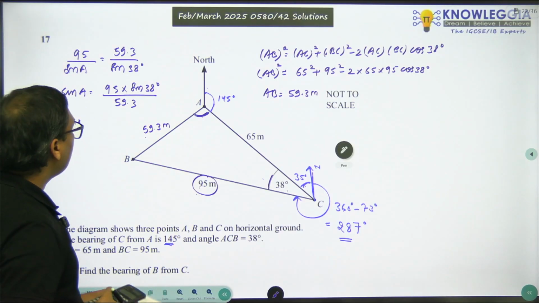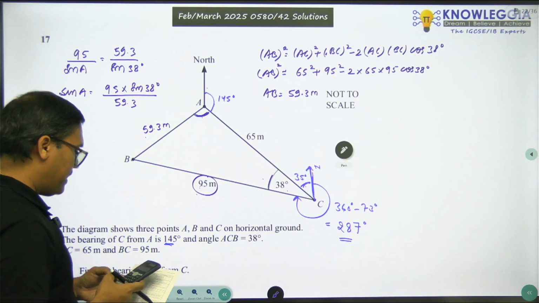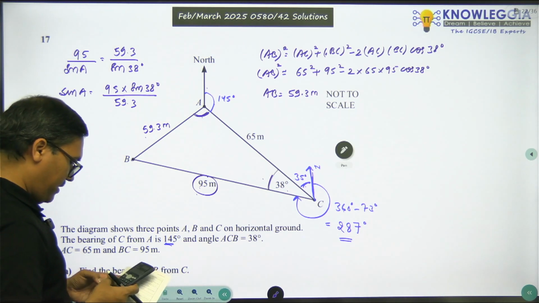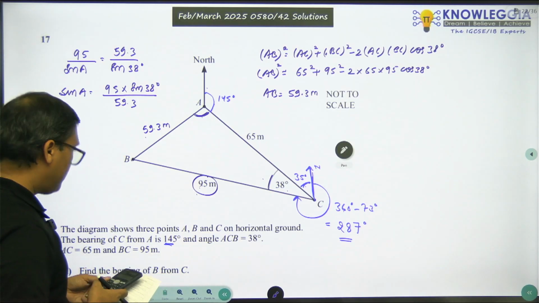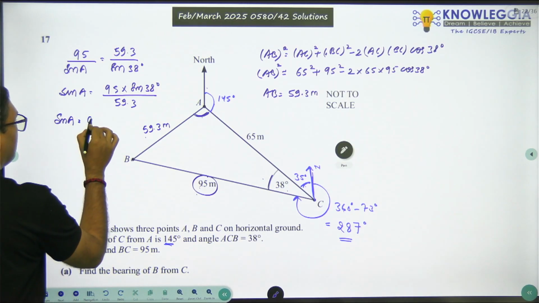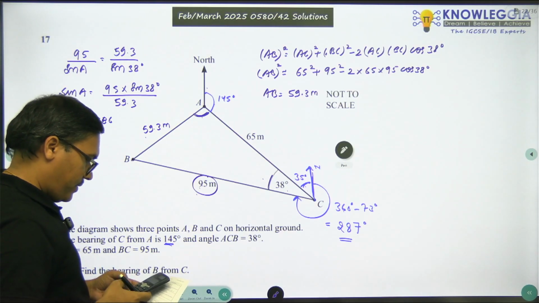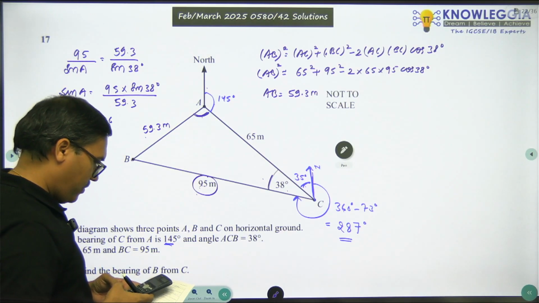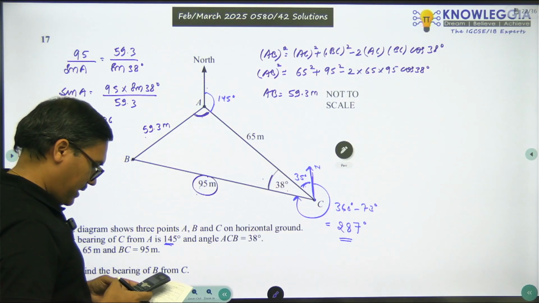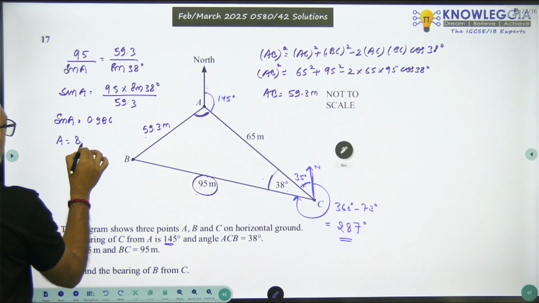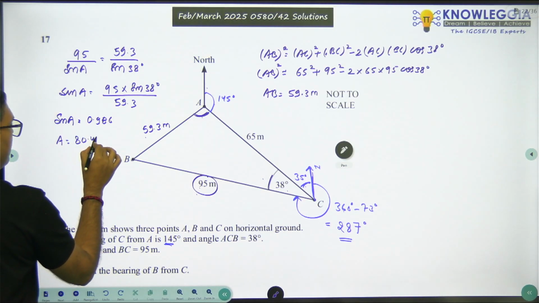This is 95 multiplied with sine 38 divided by 59.3. This is 0.986. Now we'll take the sine inverse of 0.986. What is this? This is 80.4. So A will be 80.4 degrees, you can say.